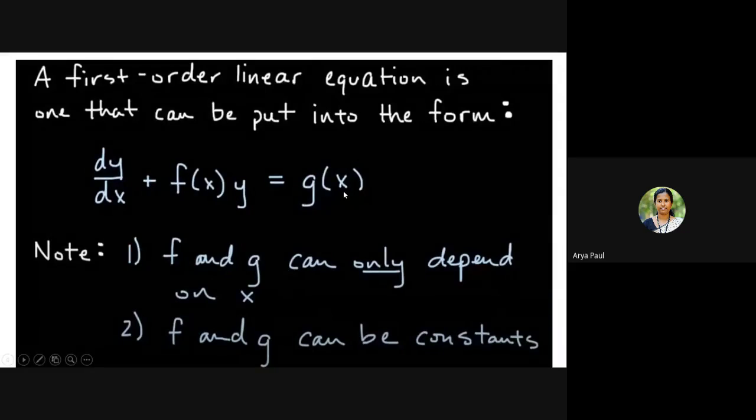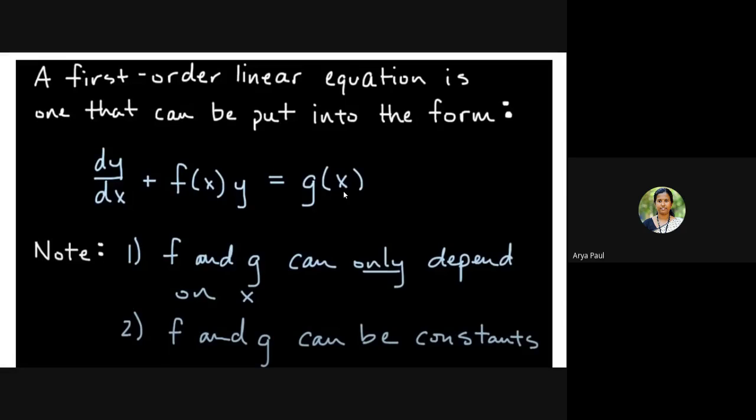And what are f of x and g of x? You might know that. F of x and g of x are functions of x, meaning f and g depend only on x. We are differentiating y with respect to x here, dy by dx.